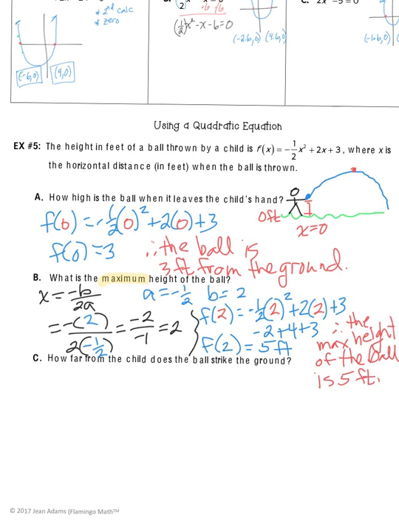All right, and then the last part of this problem, how far from the child does the ball strike the ground? So we want to know this distance from here to here. So if I want to find this distance from here to here, I know that that's normally time.